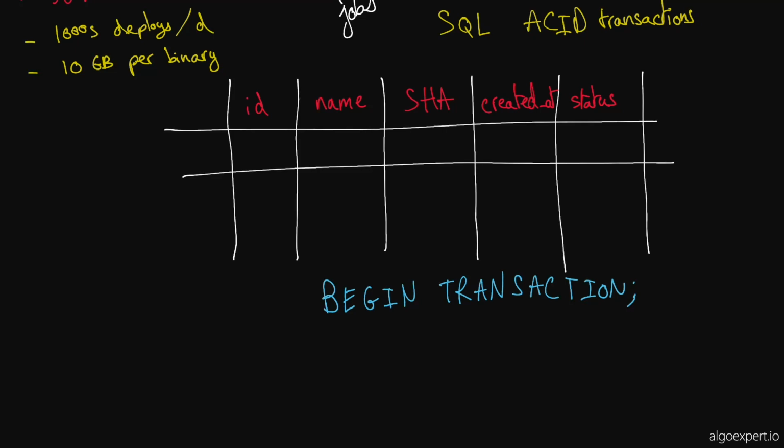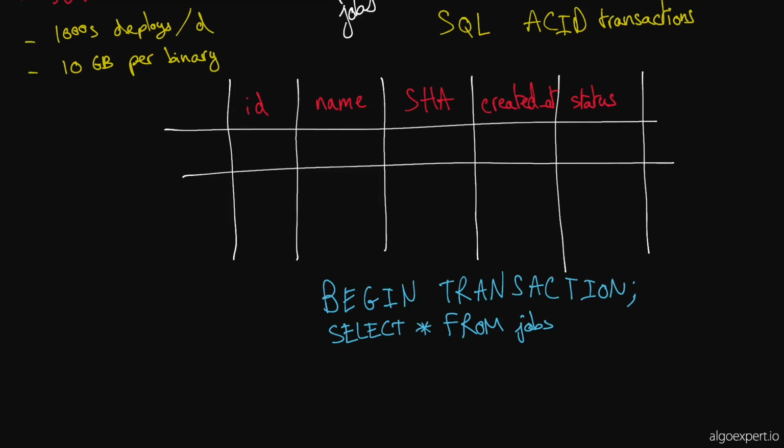So we would do select star from our table, jobs. Yeah, exactly. So from jobs, and here we are looking for all the queued jobs.